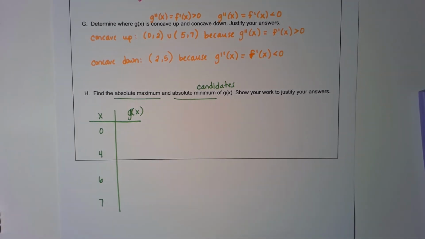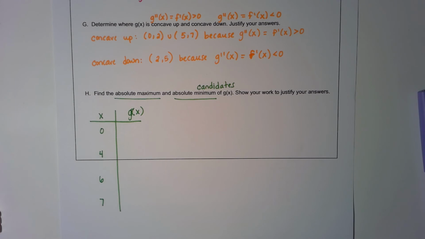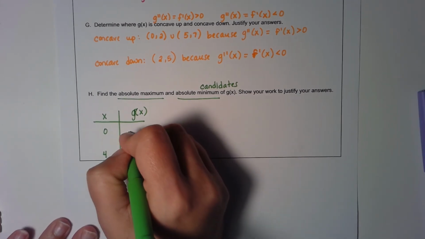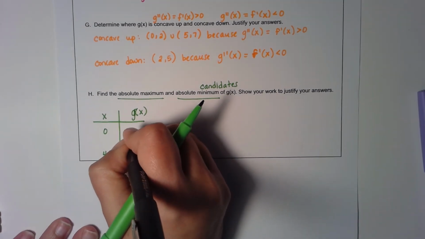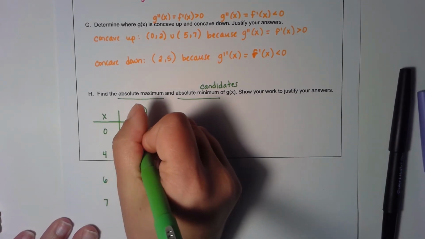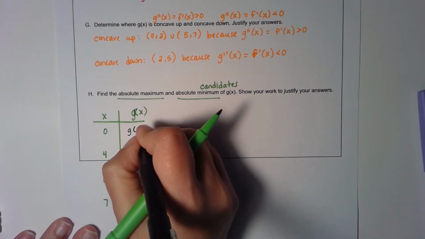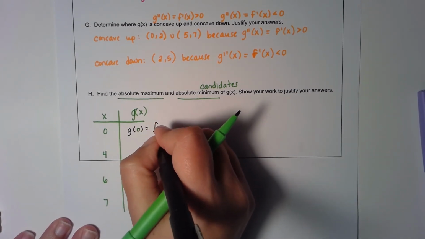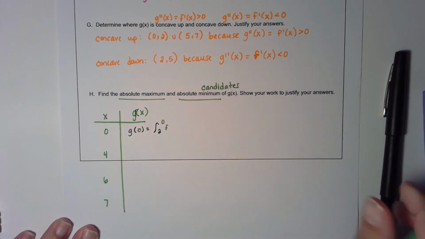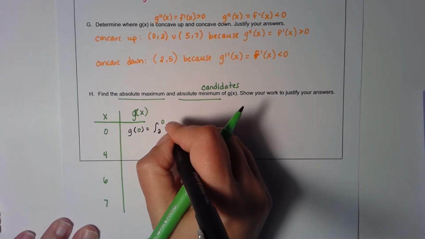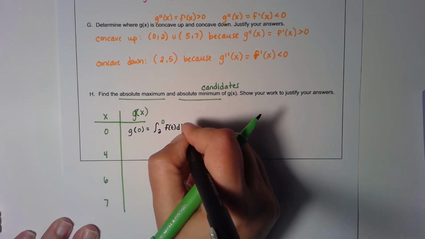To find values of g of x, we need to go back to the definition of g of x. So to find g of 0, we're going to do the integral from 2 to 0 of f of t dt.